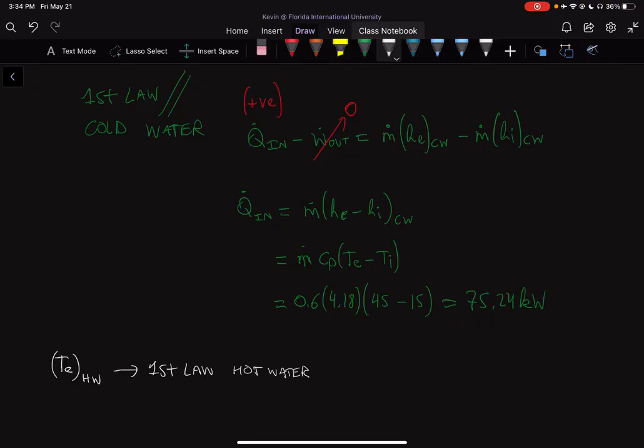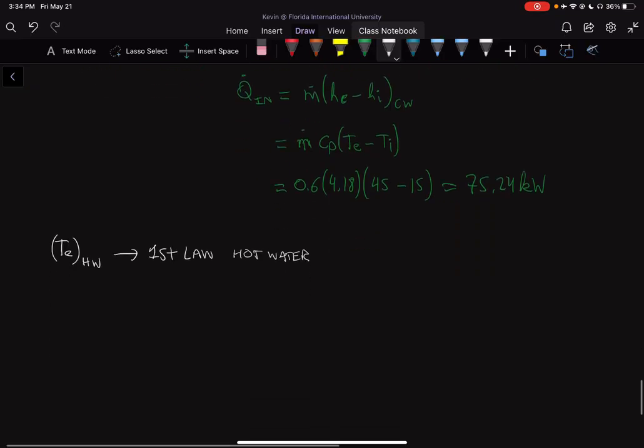And we can say that in the same way as the other system, Q dot in of the hot water is equal to M dot of the hot water multiplied by CP of the hot water times TE minus TI of the hot water.